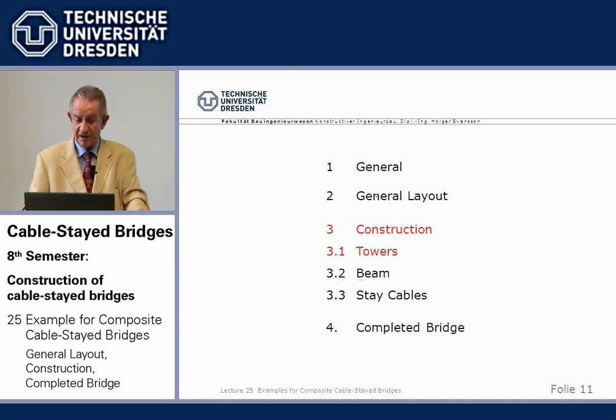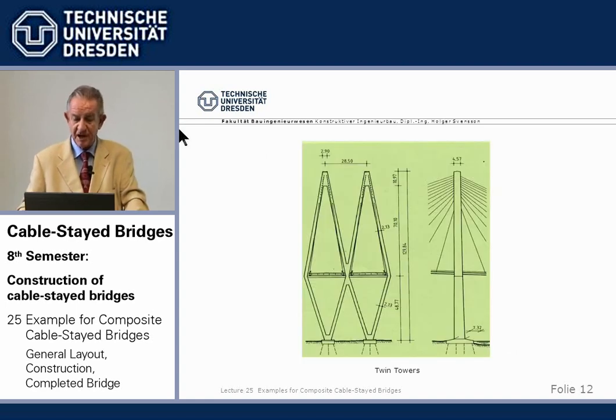Now, we come to the construction. The towers, I told you, form a truss in transverse direction. Wind from the cables and from the beam acting here goes down in tension and compression. That permitted us to narrow down the width of the towers to 7 feet.